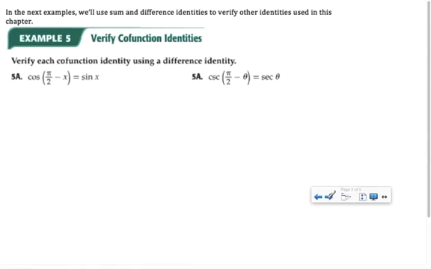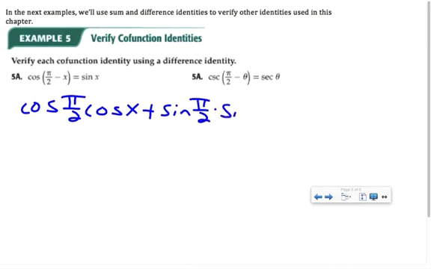Here we're using the sum and difference identities to verify other identities that we saw earlier in the chapter. So I'm going to take the left side of the equal sign and move and shake it, and the sine of x on the right-hand side is just going to pop out. So cosine of a difference is cosine of pi over 2 times cosine of x plus sine of pi over 2 times sine of x.